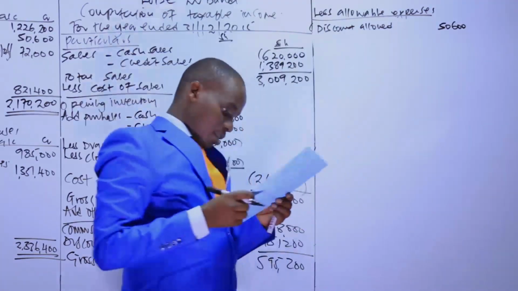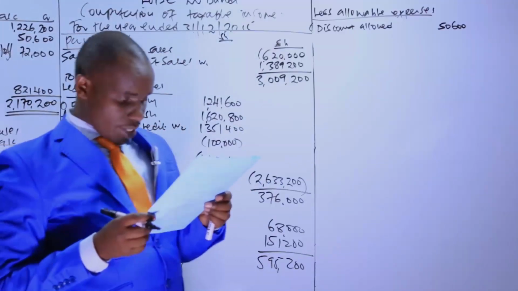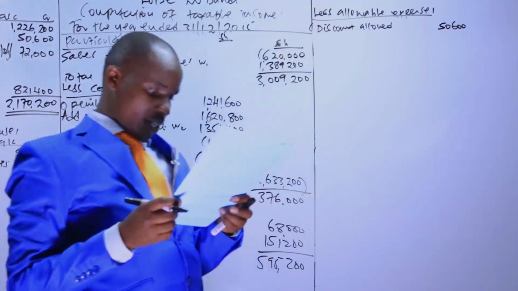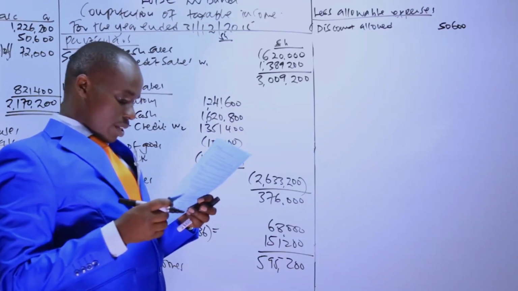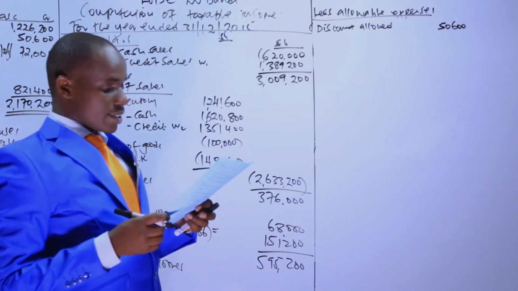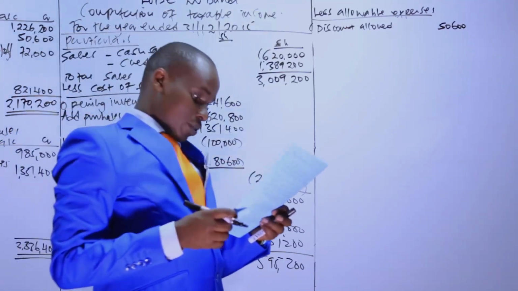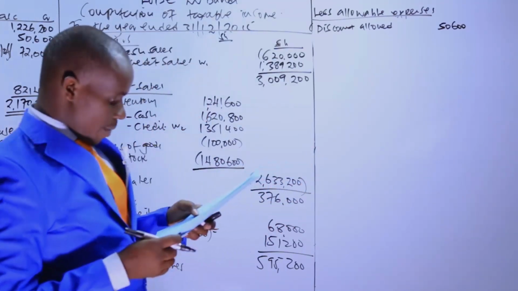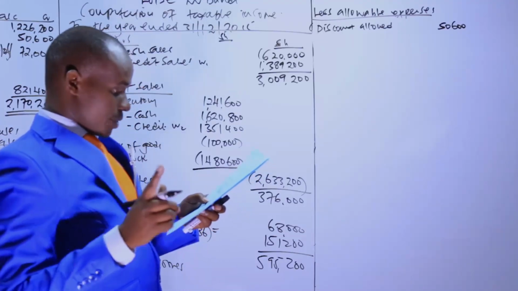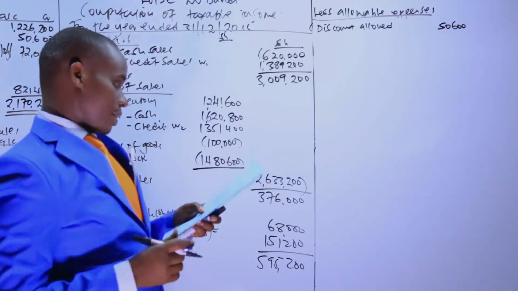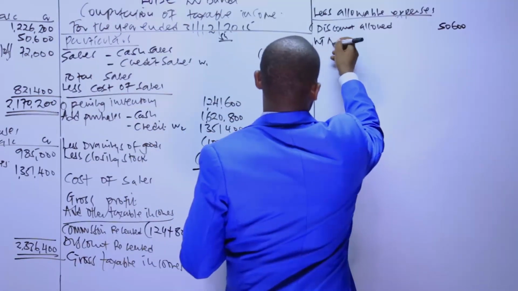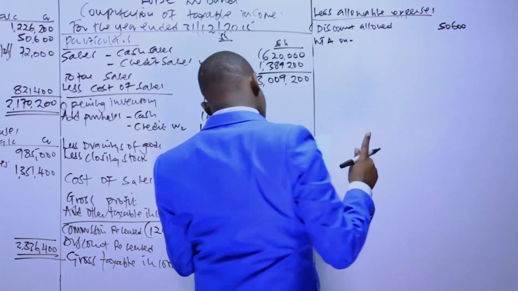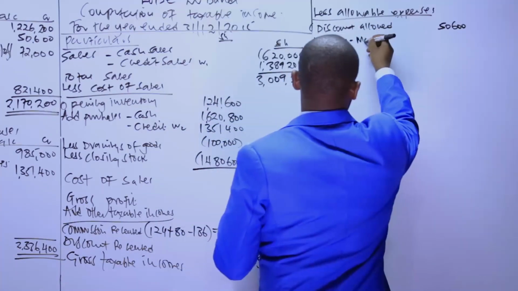Then number 2 drawings, not allowable. Number 3 we have capital allowances. That one we need to consider the assets that we have. So WTA. We have 2 assets, that is motor vehicle and furnitures. The first one is motor vehicle.